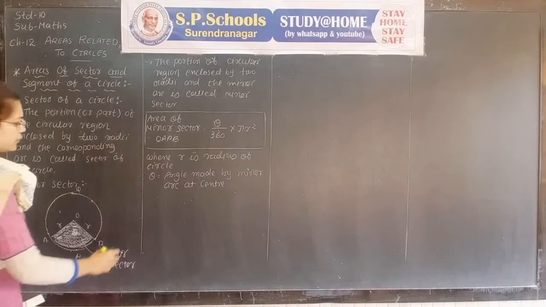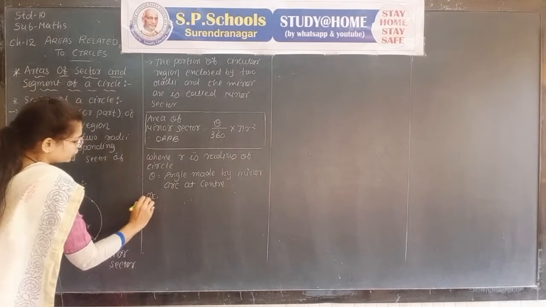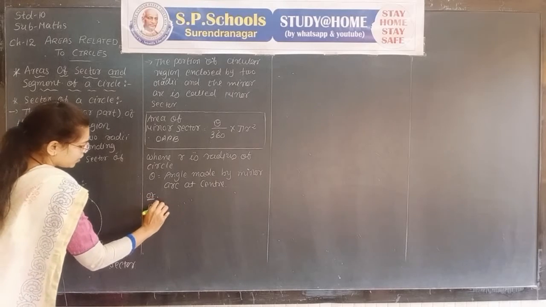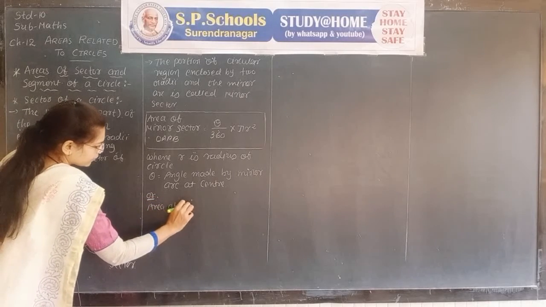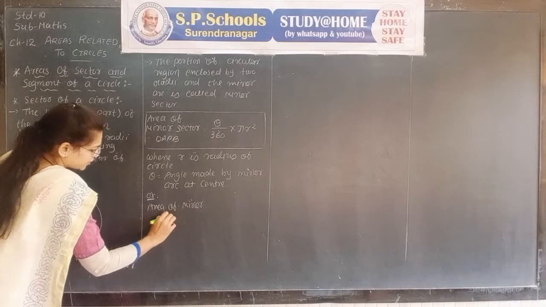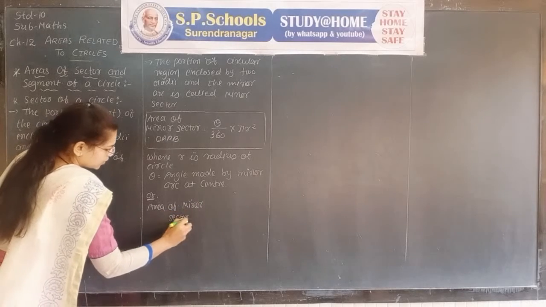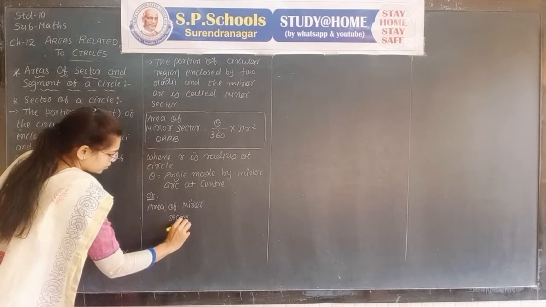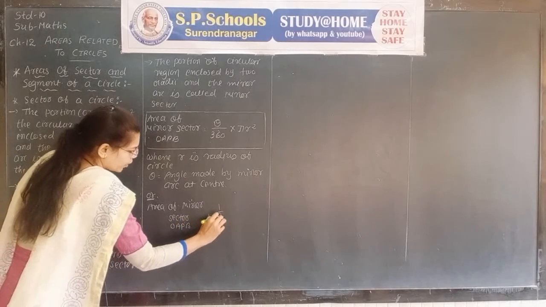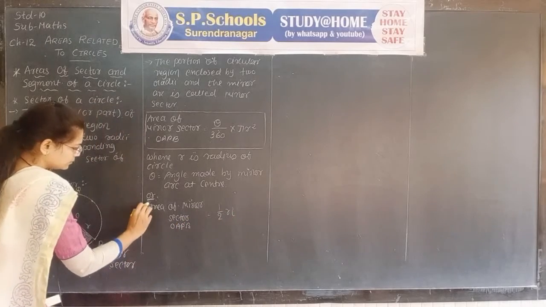Okay, it is first formula. Or second formula to find area of minor sector OAPB is equals to 1/2 RL.